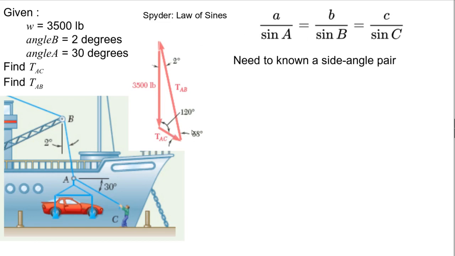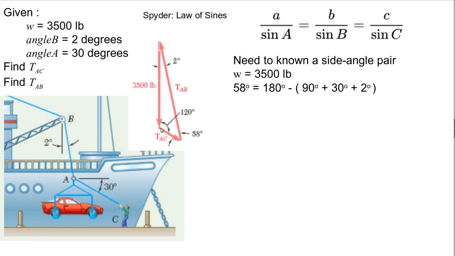If we look at our triangle, we know W, the weight is 3,500 pounds. And we also know the angle here is 58 degrees. We got that 58 degrees by subtracting from 180, since the sum of these three angles is 180 degrees.